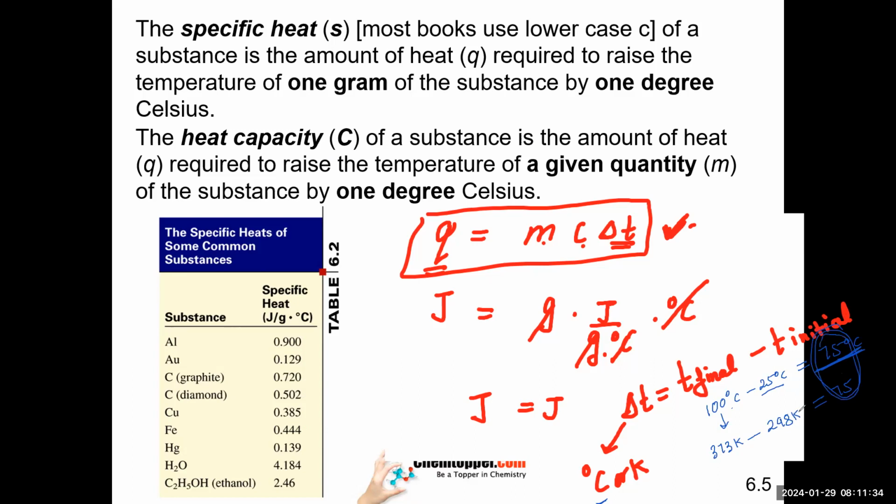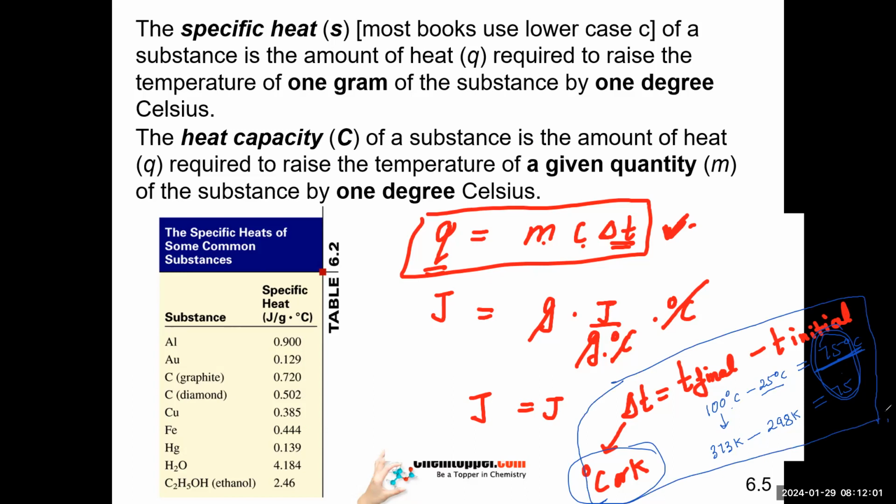So please write down in your notes that whenever we are working with delta T, it doesn't matter which unit I'm taking. I can work in degree Celsius and I can work in Kelvin. Is it okay? I hope you have written this example.